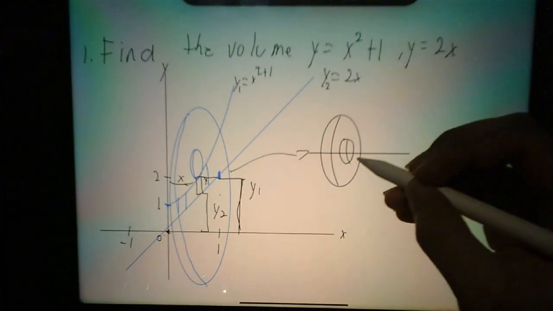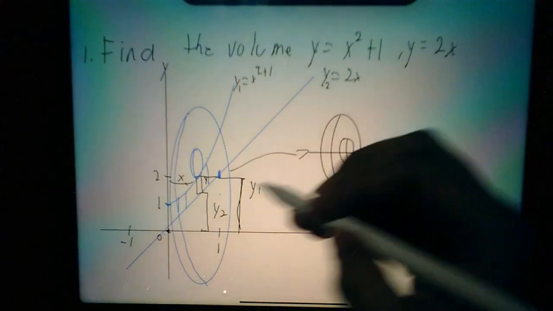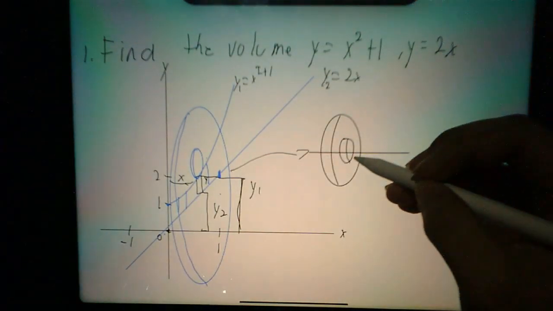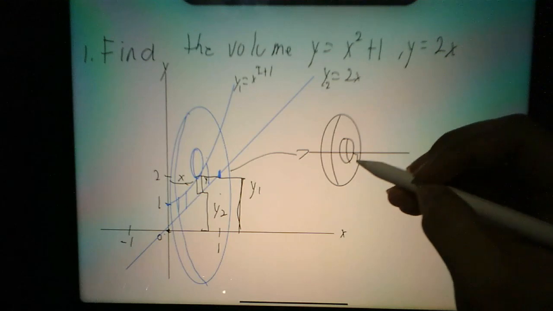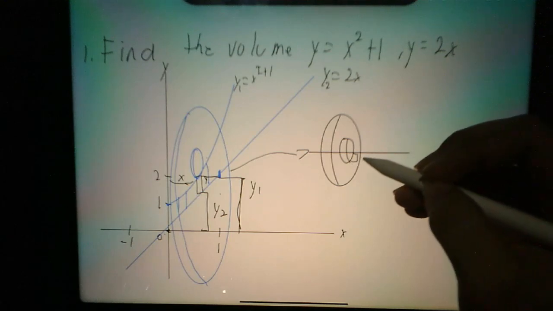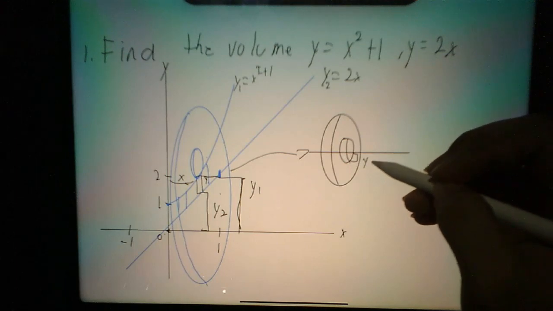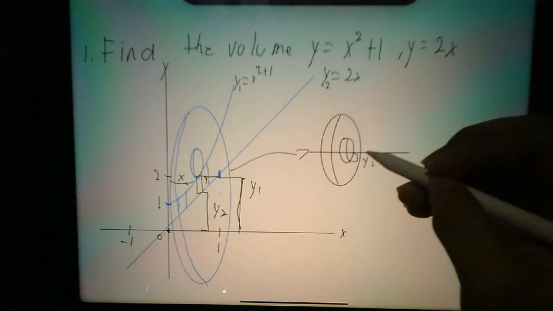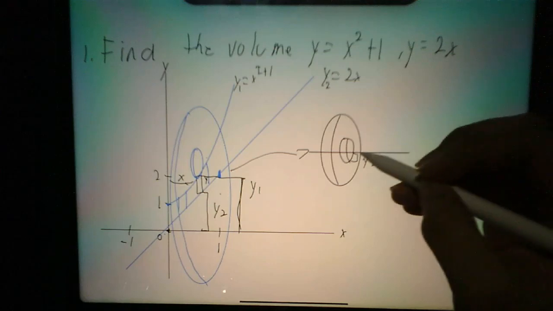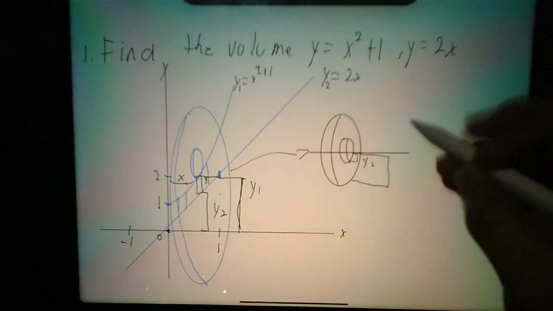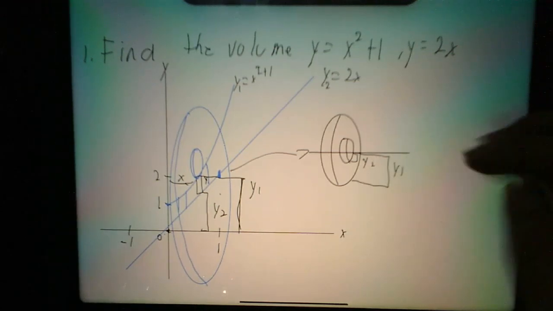So this part is equal to y1, and the inner part is y2.